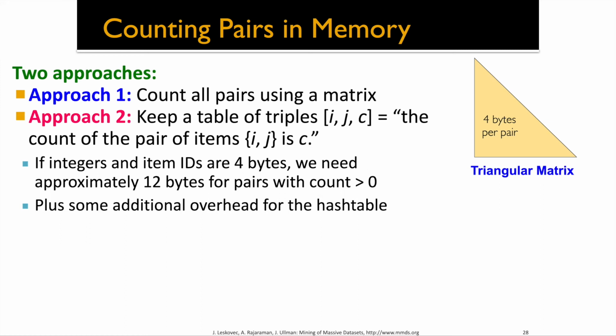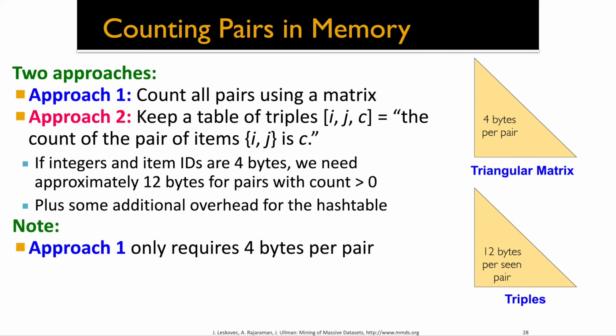Now we have to pay some additional complexity because for approach 1, we only have to store the 4-byte count. But for approach 2, we have to store item IDs, which could be 4 bytes. So we may have to store 12 bytes for every pair that we've seen, plus some additional overhead for this hash table mechanic.